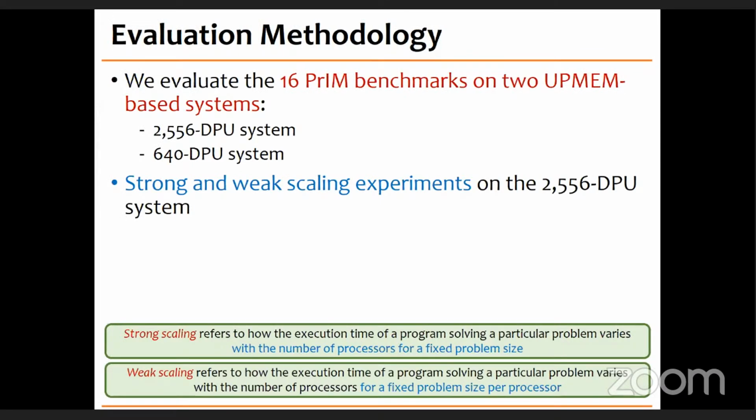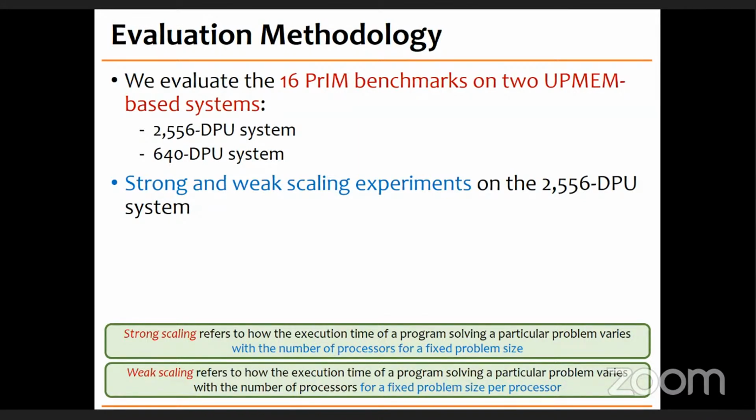So we do strong and weak scaling experiments for both. What's the difference between strong and weak scaling? Strong scaling refers to how the execution time of a program solving a particular problem varies with the number of processors for a fixed problem size. So I have this array, and then I have a number of processors. How do I partition this array for 2 processors or 8 processors or 64 processors?